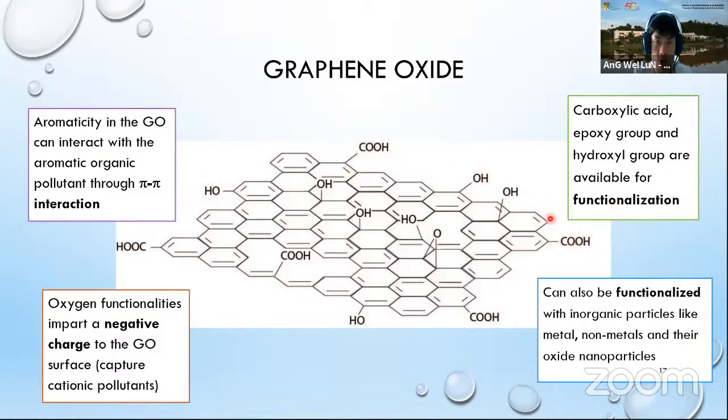Those functional groups are very reactive, so if you want to attach other nanoparticles, you can react through these functional groups. It can also be functionalized with inorganic particles like metal, non-metal, and their oxide nanoparticles. Because of this, graphene oxide has been functionalized, meaning combined with other types of particles.